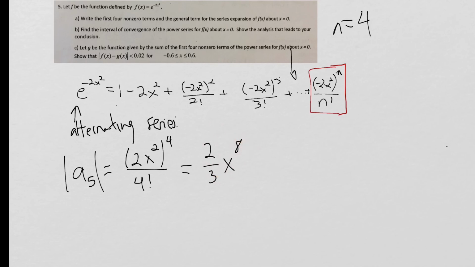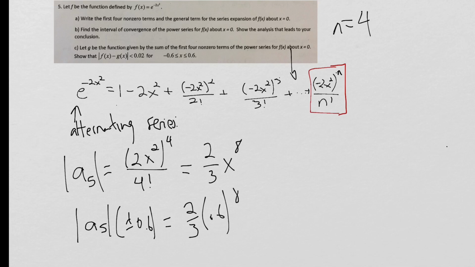So what I'm going to write is that the absolute value of a sub 5, evaluated at plus or minus 0.6, is equal to 2 over 3, open parentheses, 0.6, closed, to the 8th.